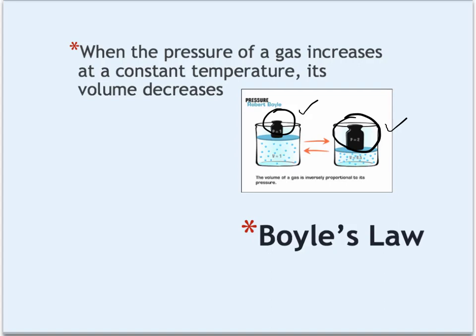We're not changing the temperature, we're just changing the pressure, and that pushes down. So the volume decreases, it's less. If you push harder, and again, we did this in class and took a look at the app on the iPad, the volume decreases. So the amount of space that it's taking up is less.